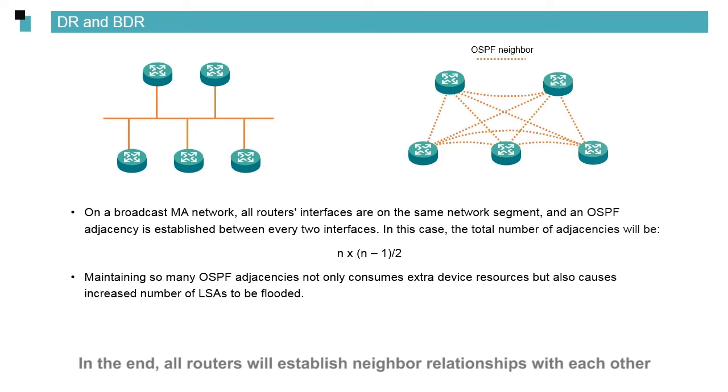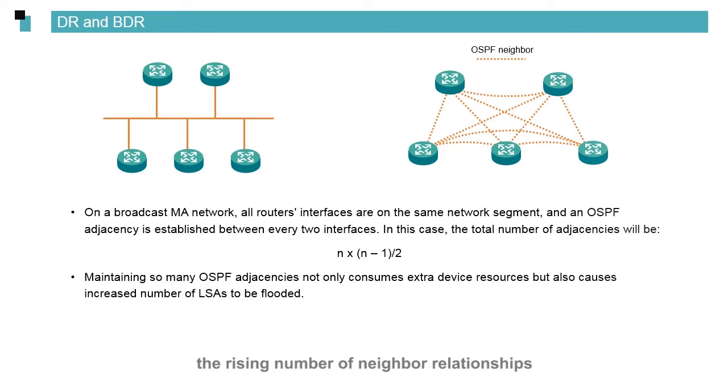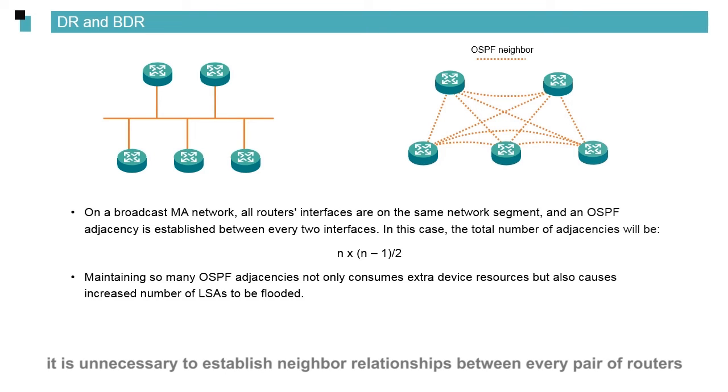In the end, all routers will establish neighbor relationships with each other, and the total number of relationships will be n times (n-1) over 2. The increasing number of routers also causes the rising number of neighbor relationships. Each router has to consume a large number of resources to maintain these neighbor relationships. Therefore, it is unnecessary to establish neighbor relationships between every pair of routers.